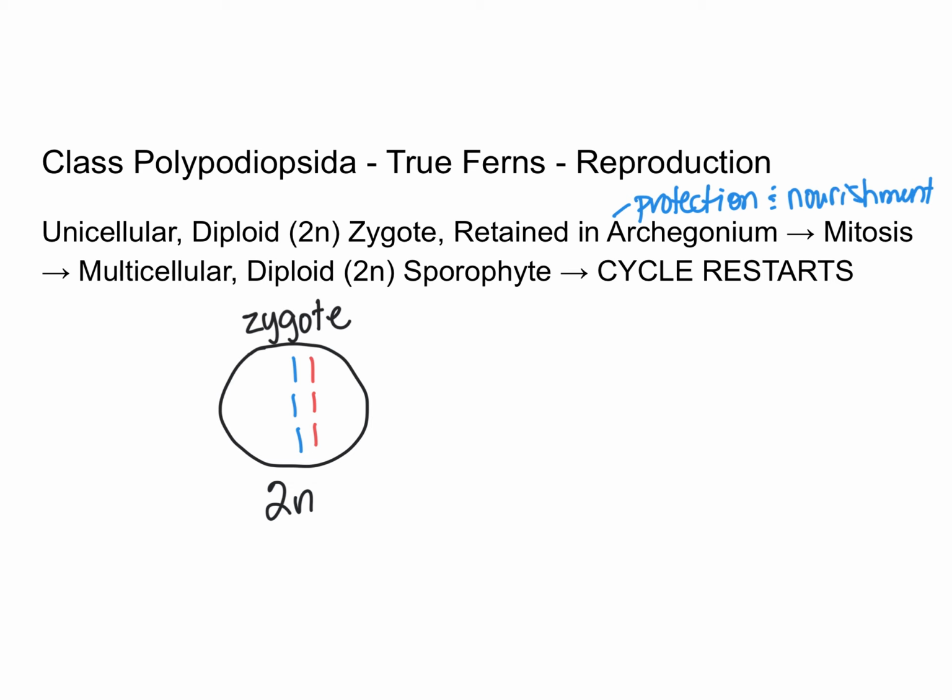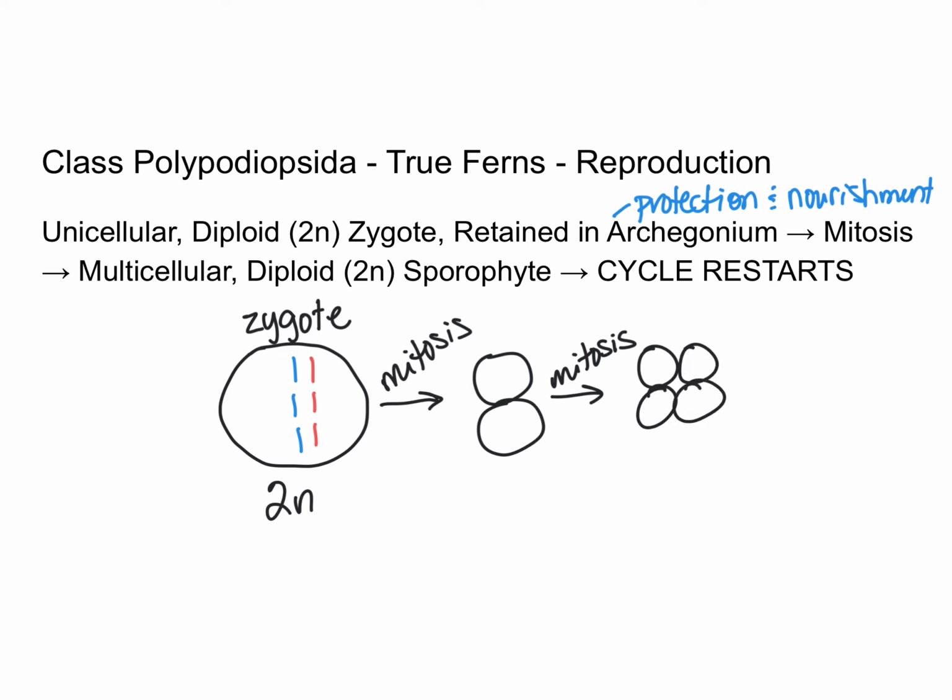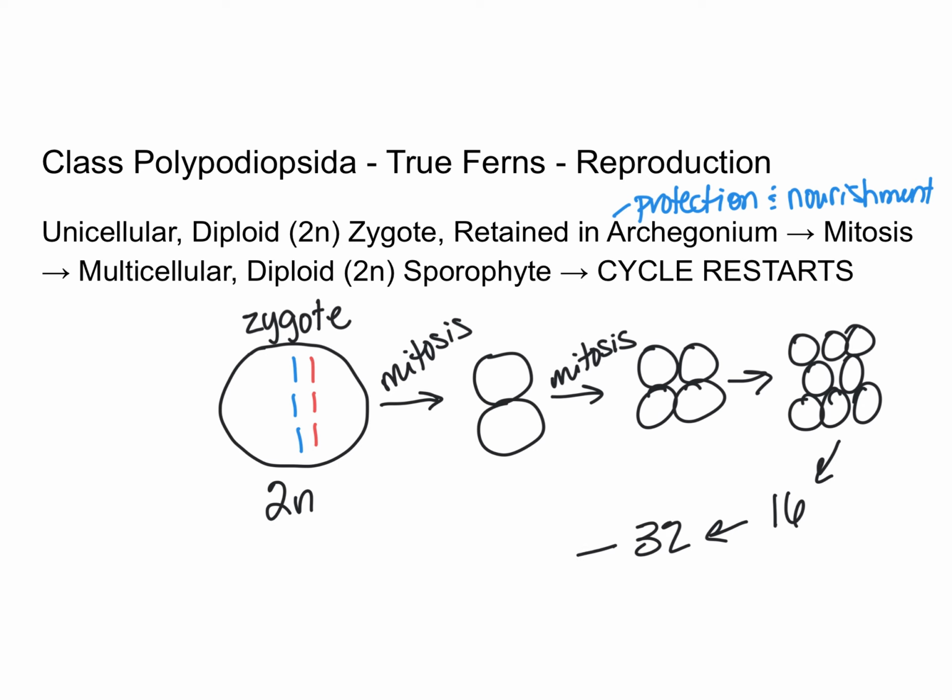The zygote is then going to go through embryonic development, so it's going to go through mitosis to turn into a two-celled structure, and then it's going to go through mitosis again to form a four-celled structure, and then an eight-celled structure, which forms a 16-cell structure, which forms a 32-cell structure, and so on, until a new sporophyte is produced.